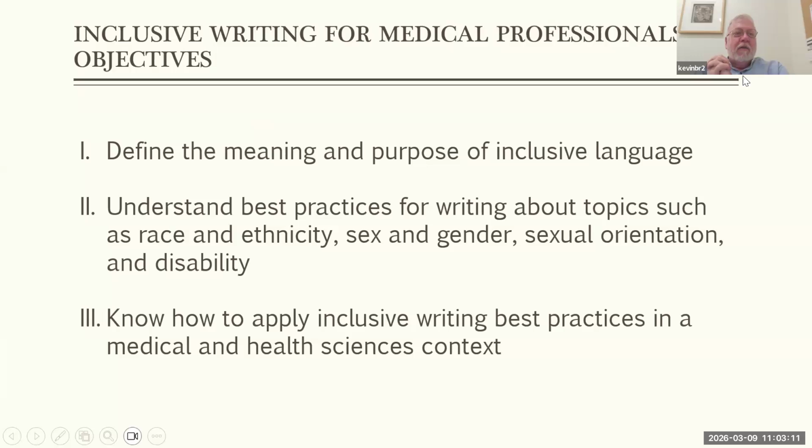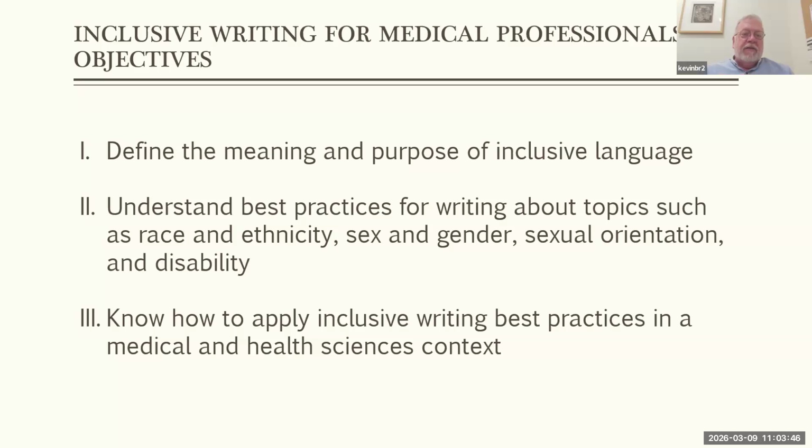So before we get started, we want to go over the objectives. For our brief conversation today, we're basically just going to get our feet wet, so to speak, on what inclusive writing means and what it's for, and to understand and practice the best practices for writing about topics such as race and ethnicity, sex and gender, sexual orientation, and disability within the health sciences and medicine context.